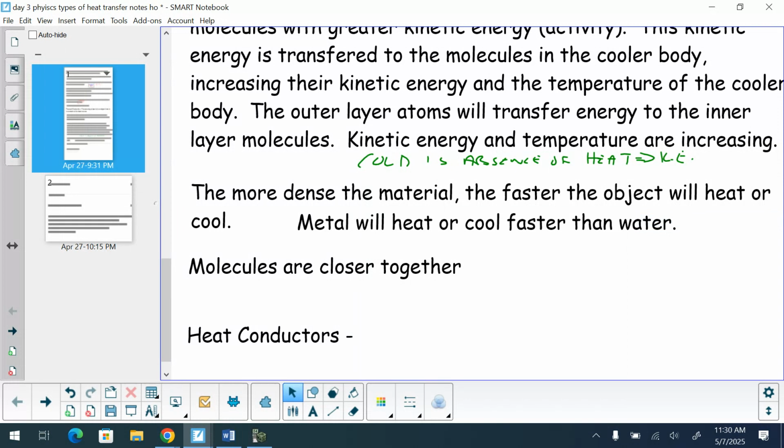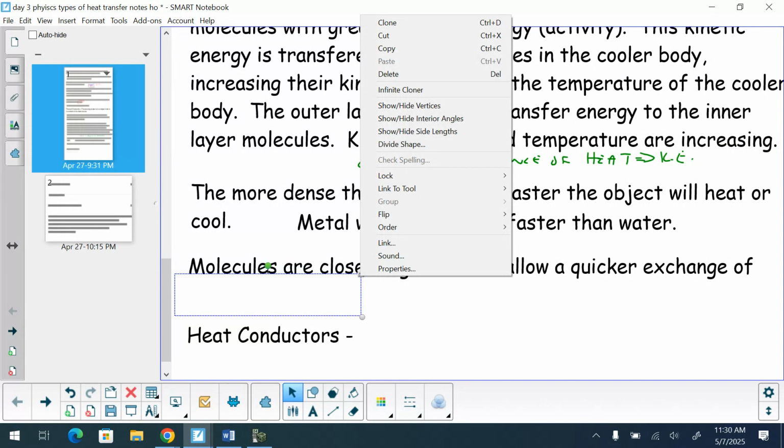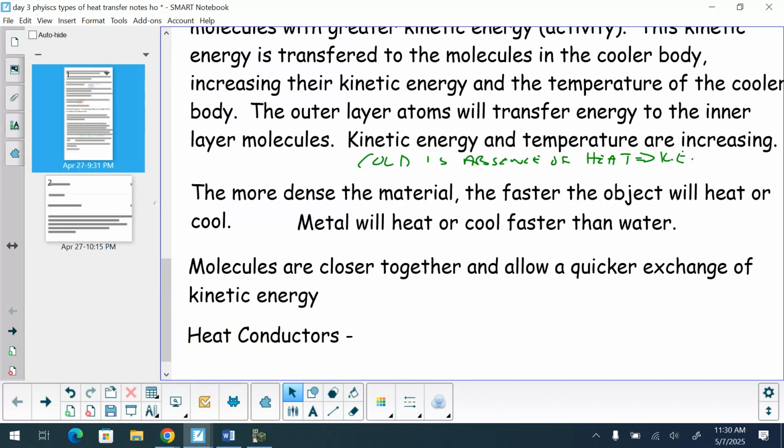Well, when objects are more dense, molecules are closer together. When molecules are closer together, it's easier to have a quicker exchange of kinetic energies.